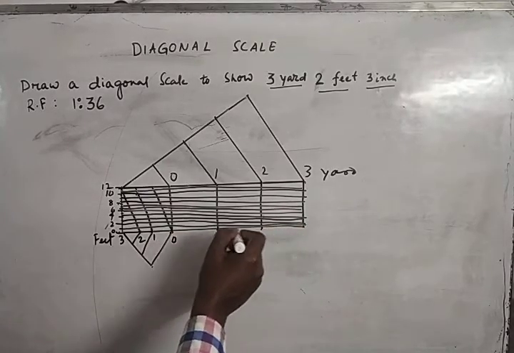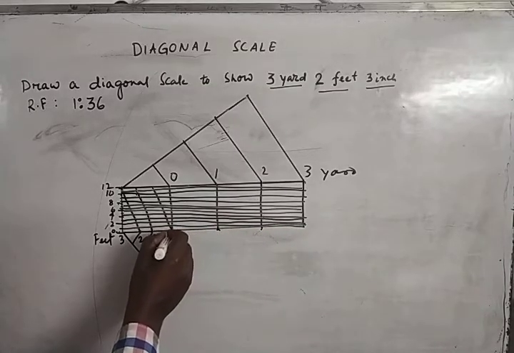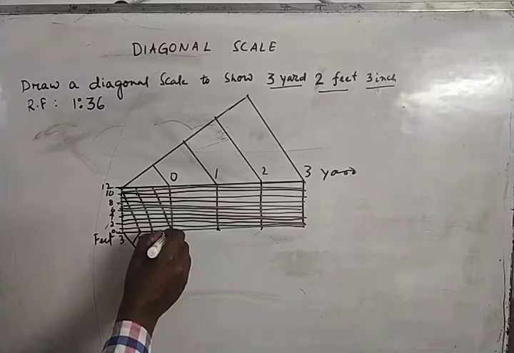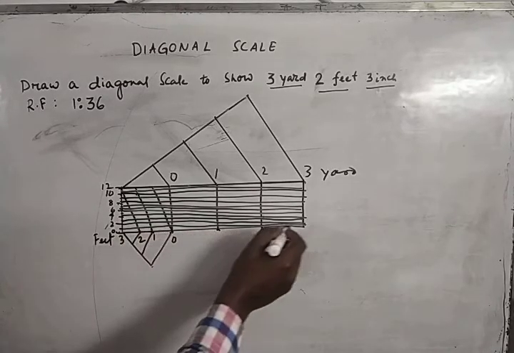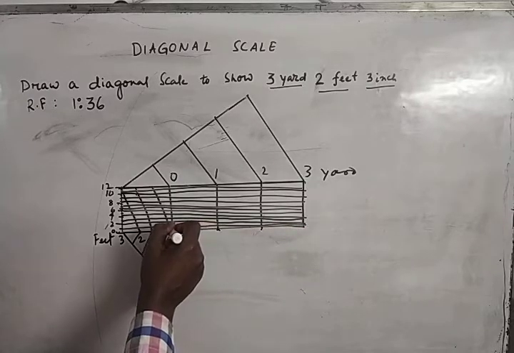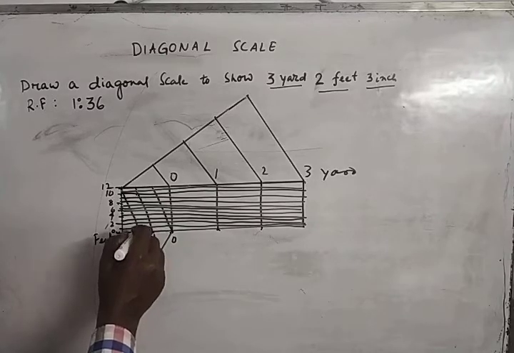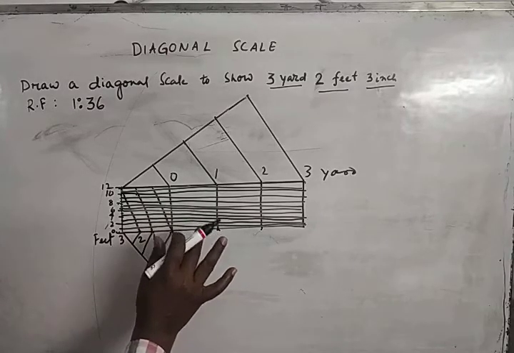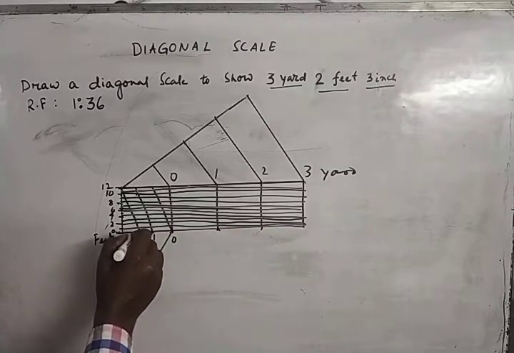So 1 division, 2 division, 3 division. From right to left, 3 divisions. And secondary, that was 2. 1, 2. So after taking the primary divisions 1, 2 and 3, then take secondary divisions 1, 2. Okay? Number of divisions, not the amount.